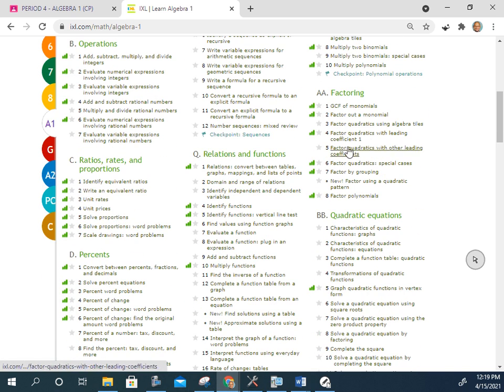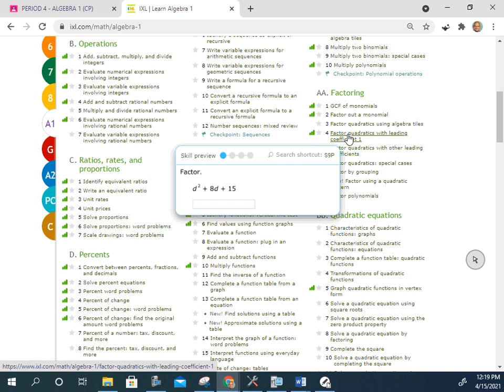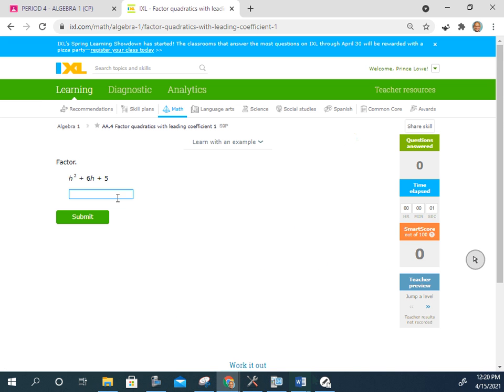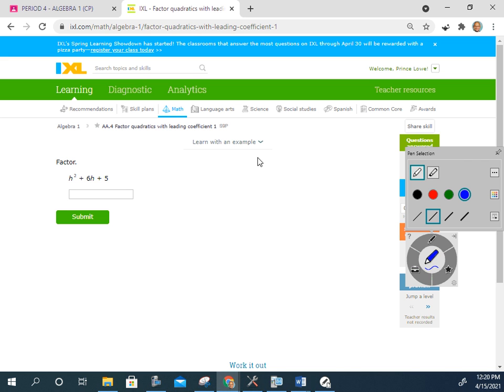So we're on AA4. Factoring quadratics with a leading coefficient of 1. So again, these problems are absolutely no different than what we've been working on. H squared plus 6h plus 5. So you would find your greatest common factor.